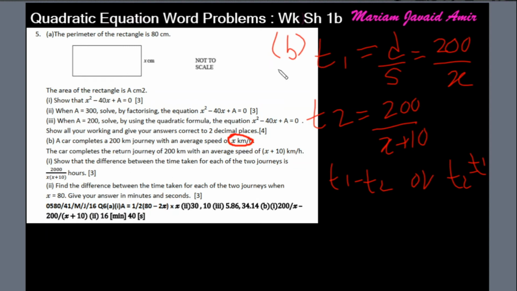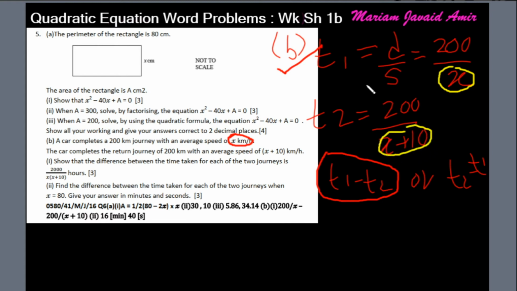So t1 is bigger than t2. Another way of figuring this out is that when the denominator is smaller, the overall fraction is bigger, and here the denominator is bigger, so the overall fraction is smaller. So t1 is bigger than t2.